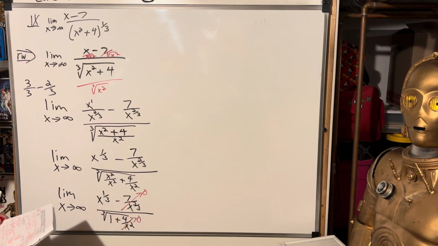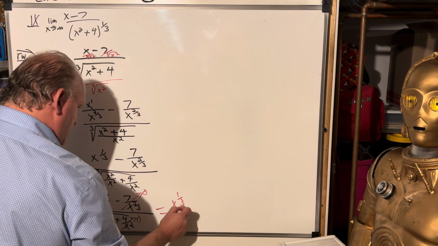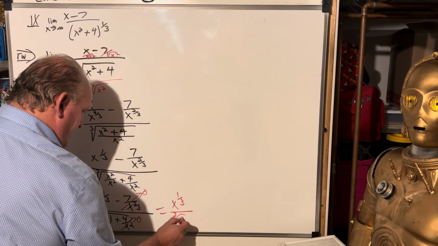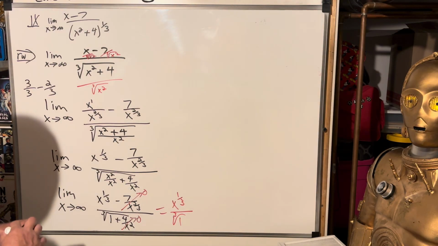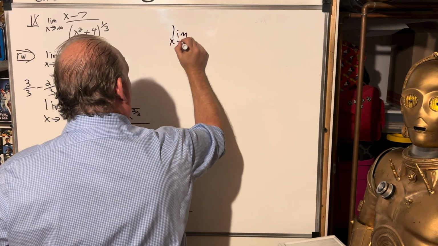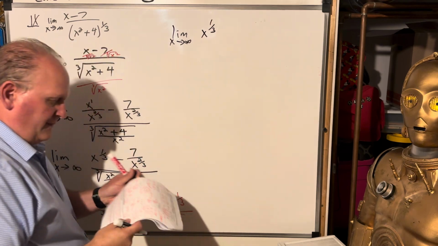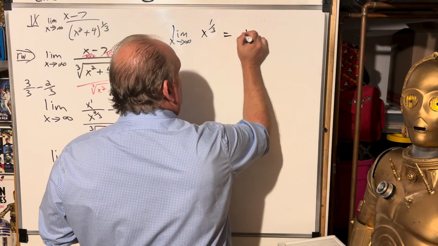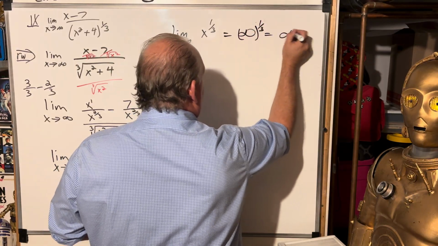This is what we end up with: x to the 1/3 over the cube root of 1, which is 1. And so now let's apply our limit. The limit as x approaches infinity of x to the 1/3. Well, that is the cube root of infinity, but it keeps getting larger and larger, so it's still going to go to infinity.